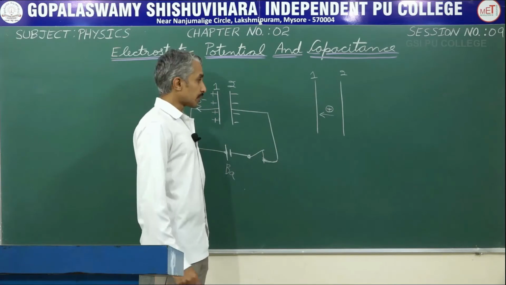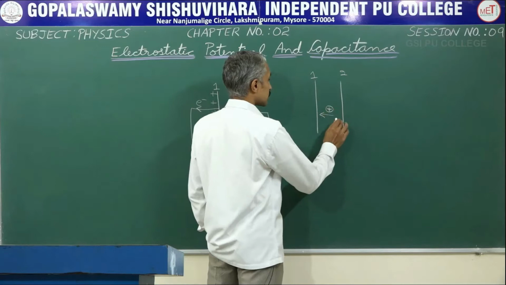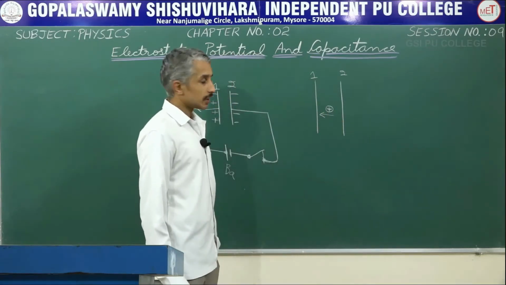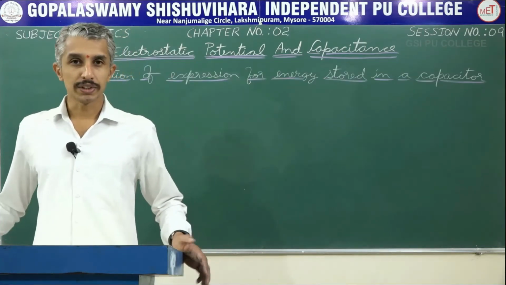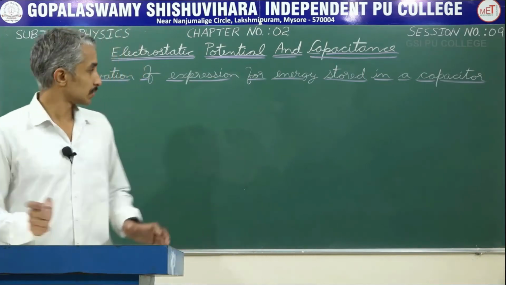If we calculate the work done by the battery in taking the positive charges from plate 2 to plate 1, then that will give us the expression for energy stored in a capacitor. Let us begin to derive the expression for energy stored in a capacitor.